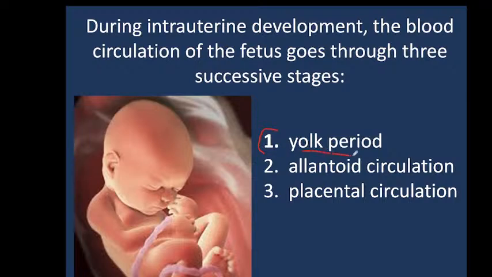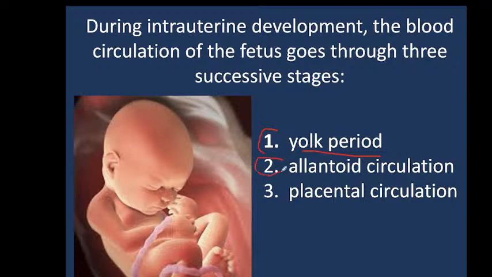First, the embryo has a yolk period of circulation. That is a very short period when the yolk, as a source of nutrition, has small primary vessels.